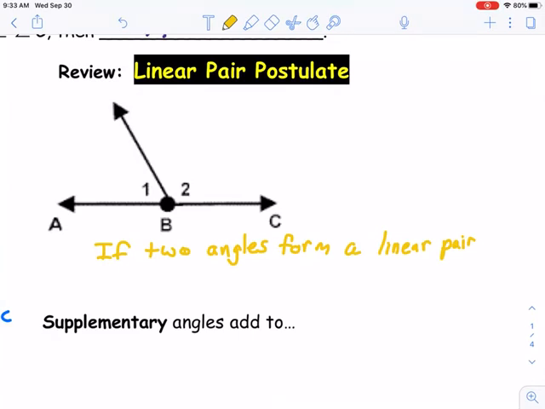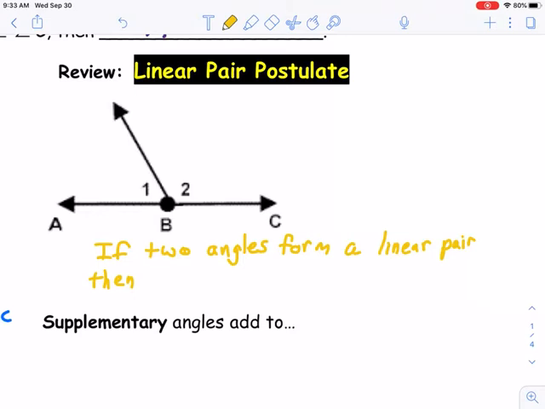If 2 angles form a linear pair, then, and now I bet some of you, if you want to complete the sentence by yourself, you're saying then they add to 180 degrees. If it was up to me, that's what the linear pair postulate would say, that if 2 angles form a linear pair, then they add to 180 degrees. Unfortunately, that's not the case. I don't know who was in charge of creating the linear pair postulate, but they did a pretty bad job.